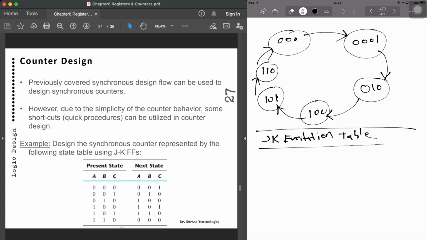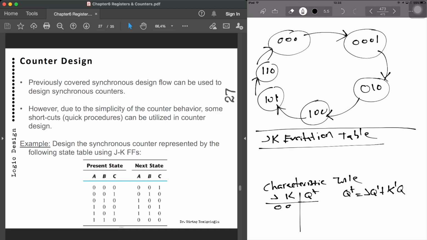Do you remember the characteristic table of JK? J inputs, K inputs, and Q plus can be easily derived for the characteristic table. The characteristic equation was Q plus equals J Q prime or K prime Q, right?